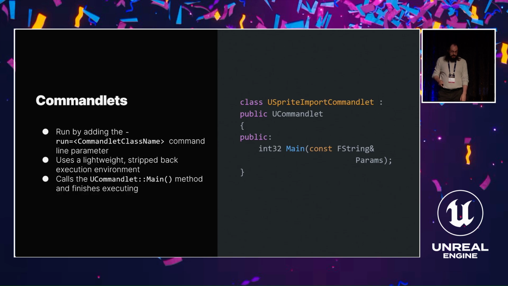And just like a C++ command line program, there's a main function that you override, and that gets called when you run with this run command, and it finishes execution when main finishes its execution.